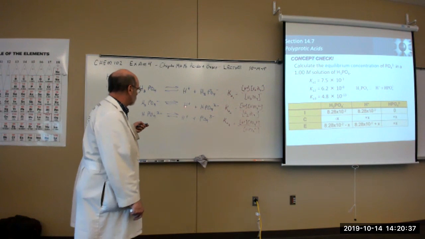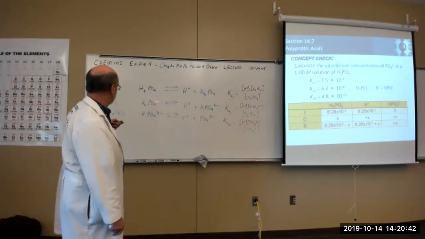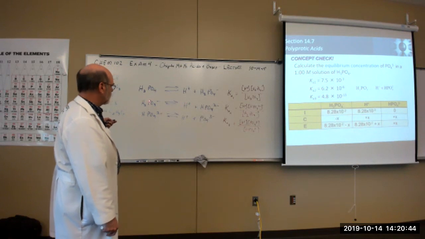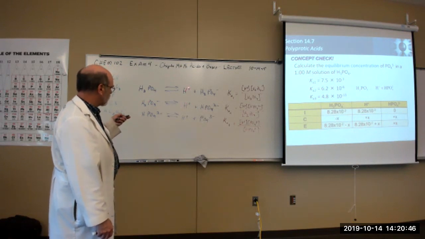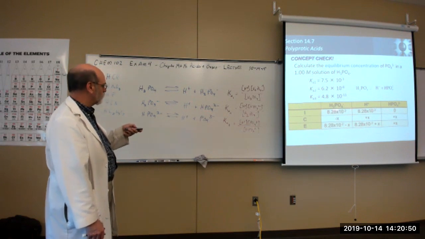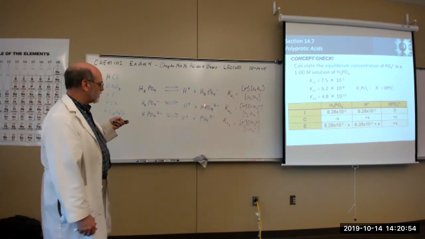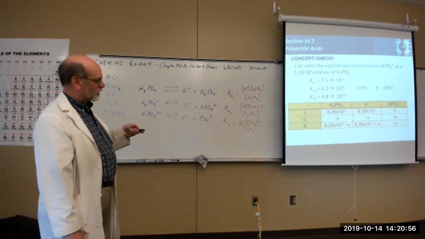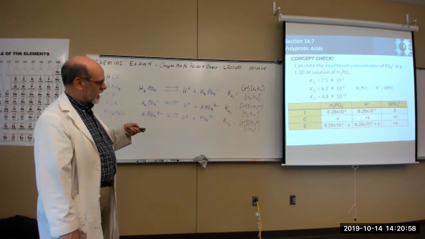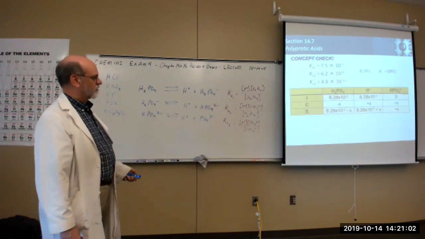Right here. Wait a minute, H2PO4, yeah, H2PO4. And we know that we're starting out with this one because we determined that value, right? So we determined this one and this one from these positions. And this one is starting out 0. So we're going to subtract some of that, add some of that, and we do another calculation, right?